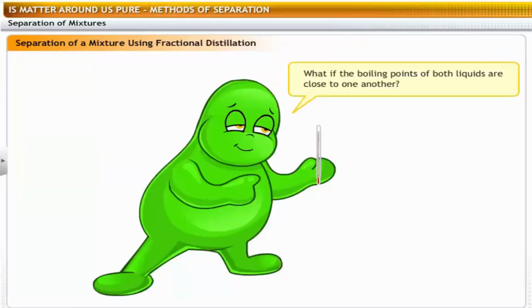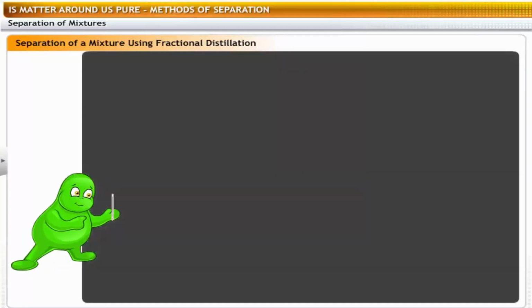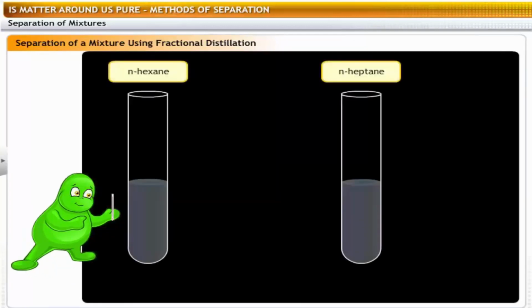What if the boiling points of both liquids are close to one another? In case the difference in the boiling points of the liquid is less than 25 Kelvin temperature, you can use the fractional distillation method. Let's take an example of two such liquids, N-hexane and N-heptane.